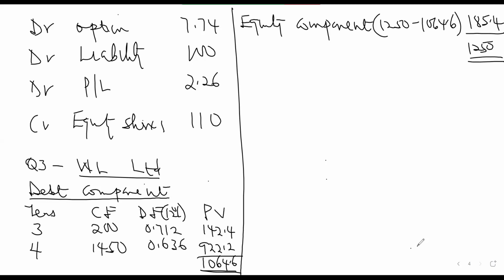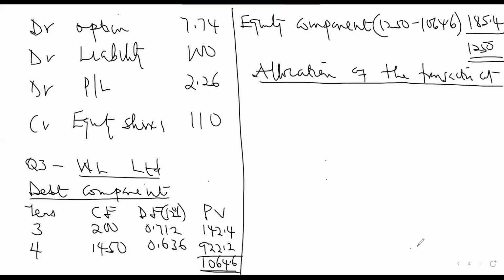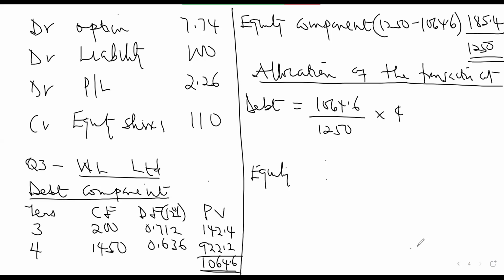Okay, so what you do is that you now allocate the issuing cost or the transaction cost. So we have the debt will be 1064.6 divided by 1250 multiplied by what? What is the amount of the issuing cost? 50 million.